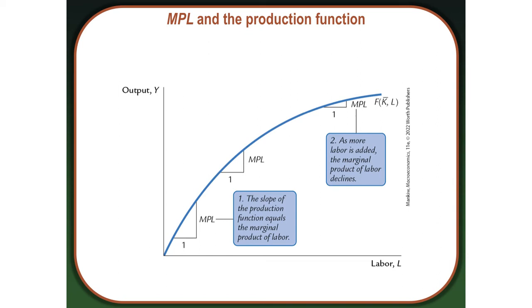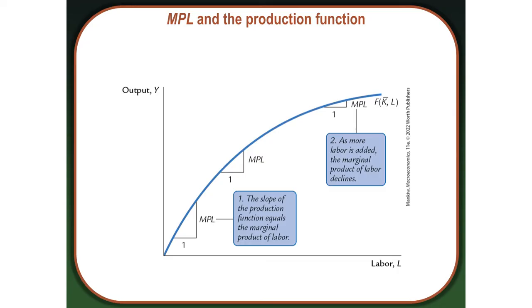But what we notice is that this production function tends to flatten out at the top here. So what that tells us is that as we add more and more workers, the extra output, the additional output that those workers are creating, is getting smaller and smaller. So in other words, the marginal product of labor, the additional contribution from the next worker, is getting smaller and smaller, or diminishing.